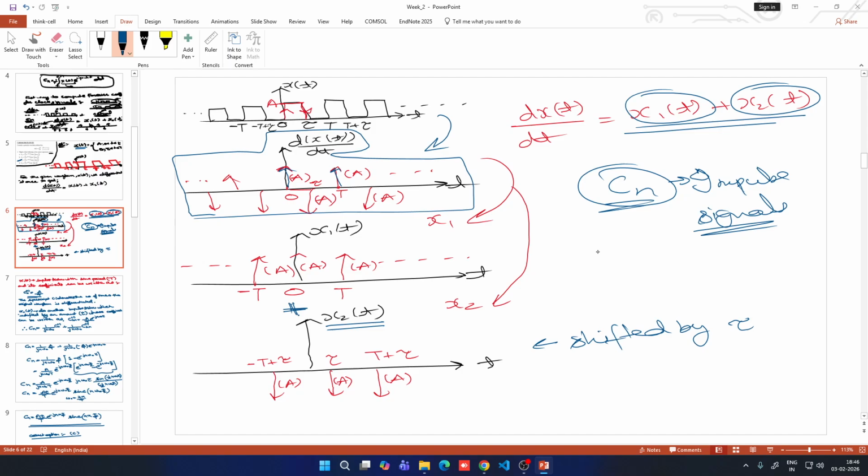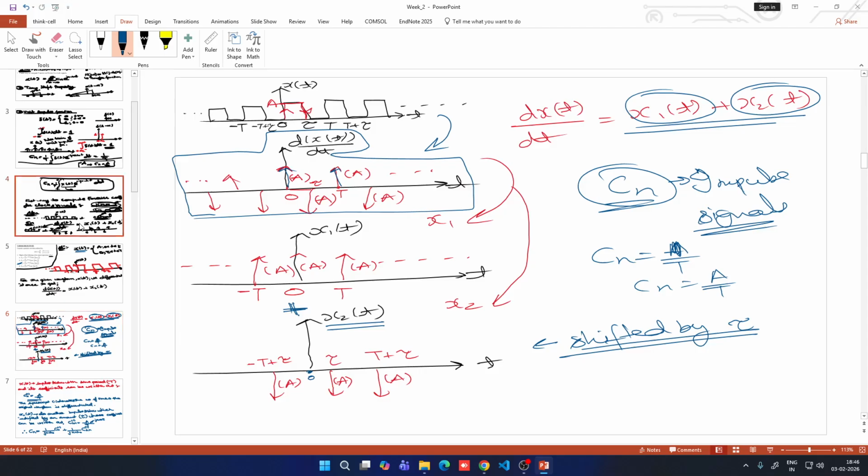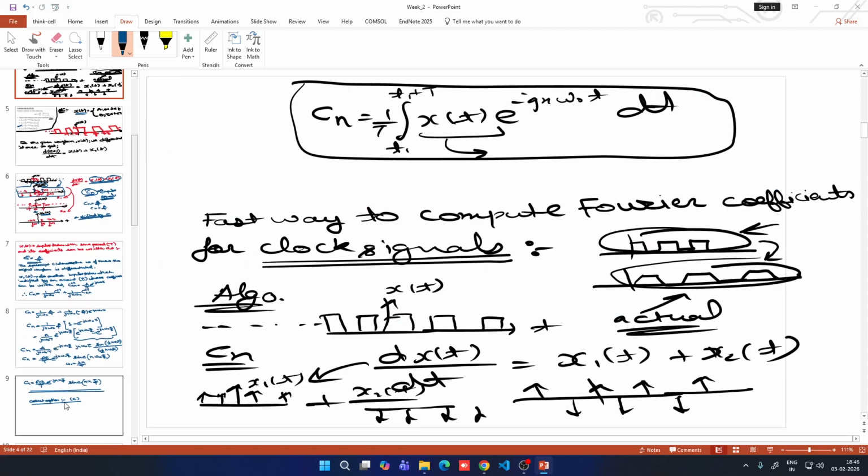For a unit impulse function, Cn is 1 by T if it is positive, and in this case the amplitude, this bracket denotes the amplitude, so Cn will be a by T. And since x2 of t is negative and it starts not from 0 but from tau, which is shifted by tau, we will be using the time shift property.